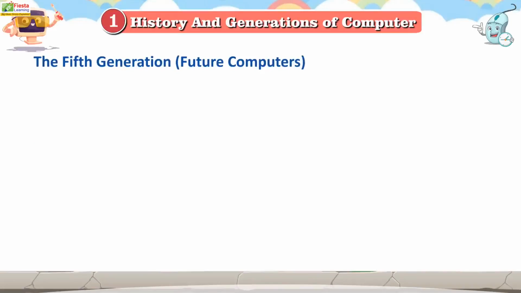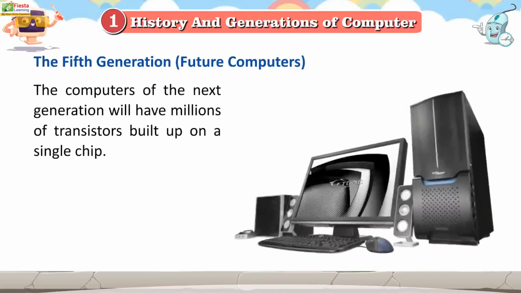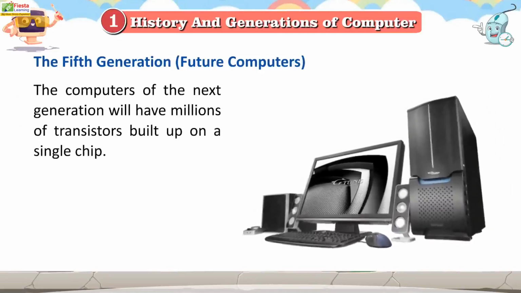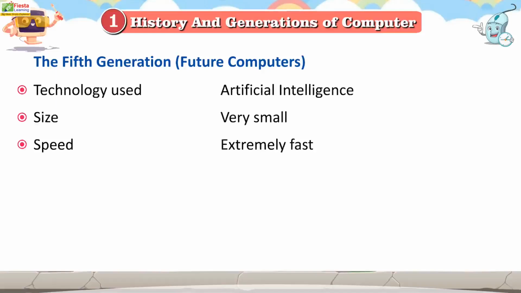The fifth generation, future computers. The computers of the next generation will have millions of transistors built up on a single chip. Technology used: artificial intelligence. Size: very small. Speed: extremely fast. Storage: extremely big.